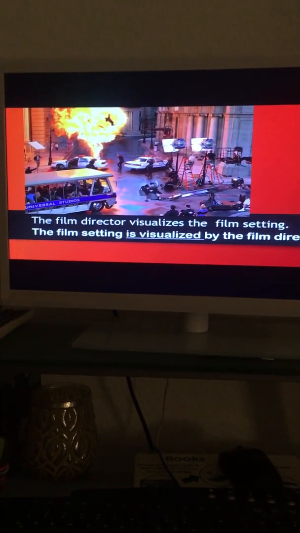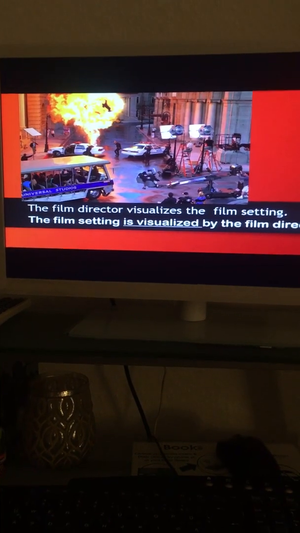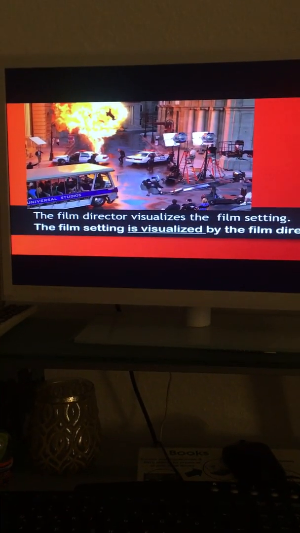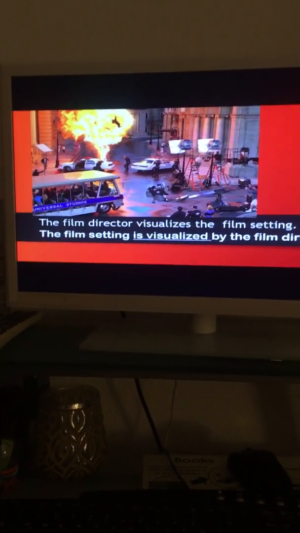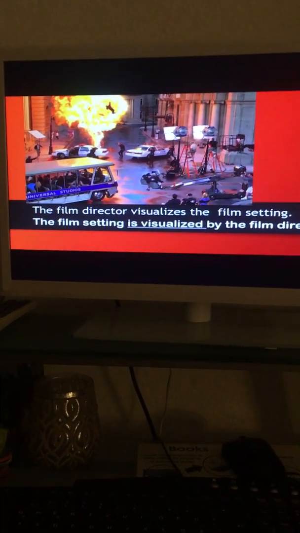So the film setting is obviously what you see there in the picture. And it's talked about, so it starts with that, and then we have is visualized by the film director. In the first one, the person who's doing the action, the film director, visualizes the film setting. And in the second one, we have got the emphasis on the film setting.